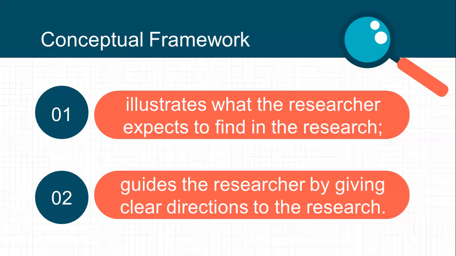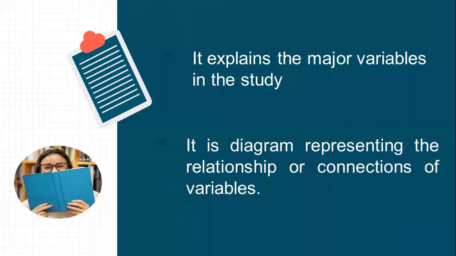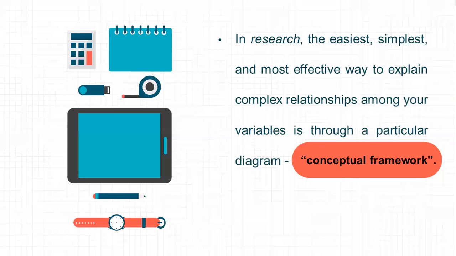It is like the SOP or the statement of the problem that guides you towards the clear direction of your research. It explains the major variables in the study. And the simplest way to explain a conceptual framework is that it is a diagram representing the relationship or the connections of the variables.